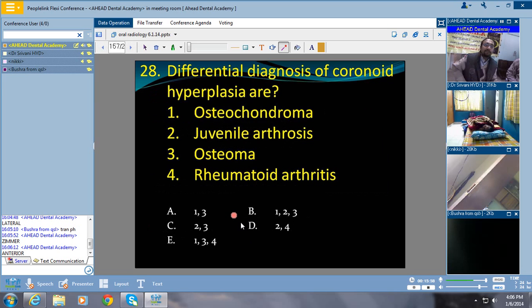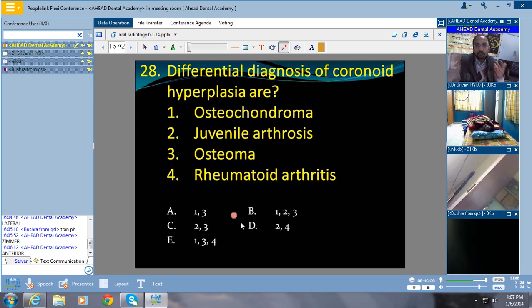So, next question: differential diagnosis of coronoid hyperplasia. I'll give you a hint. What does a TMJ generally consist of? A TMJ consists of an articular disc, isn't it? An articular disc consists of fibrocartilage.